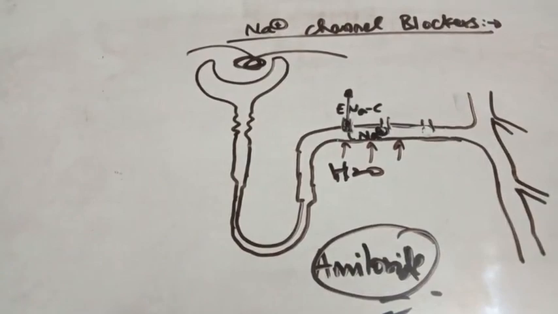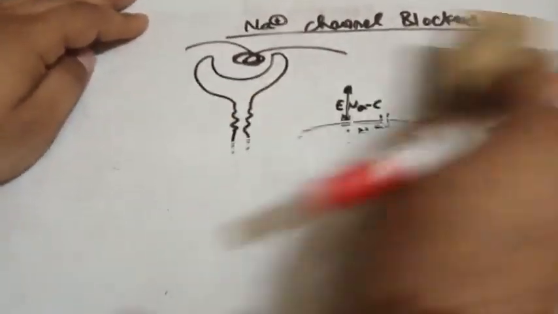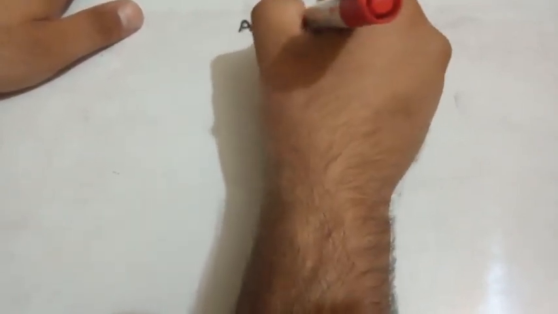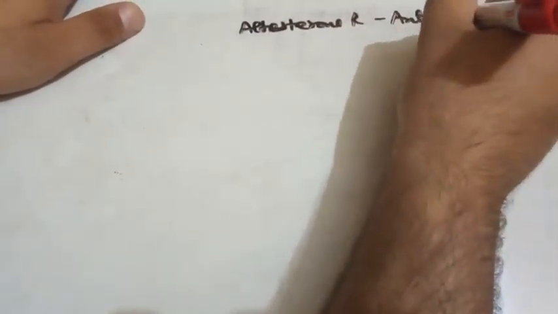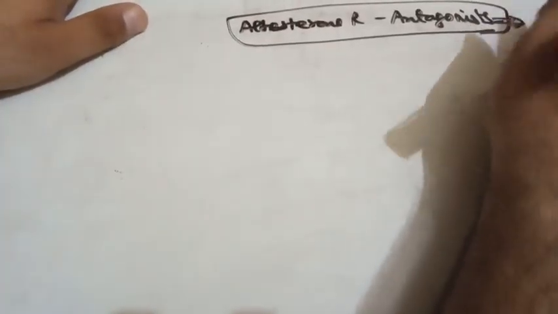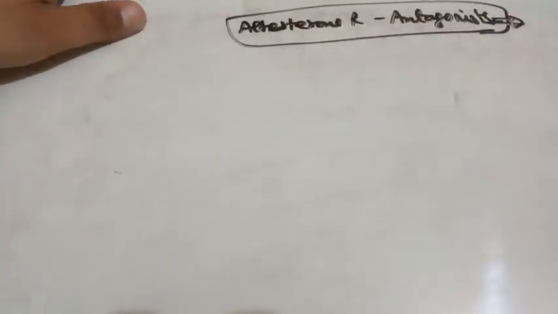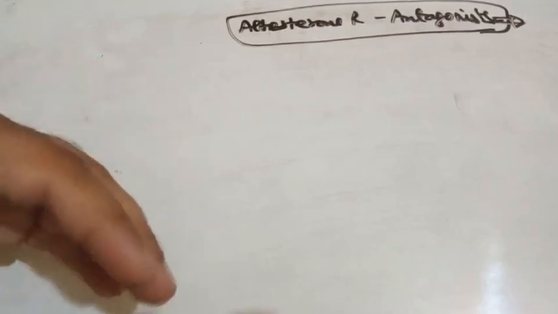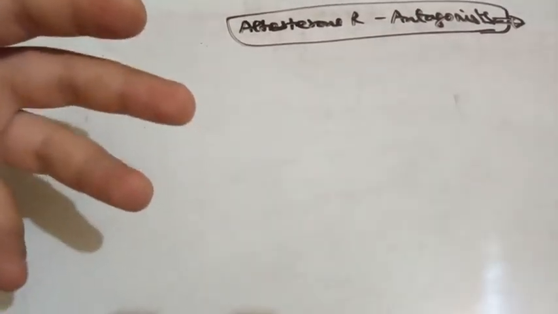Now we will study the mechanism of action of aldosterone receptor antagonist, the last topic in diuretics. As you know, aldosterone is a mineralocorticoid released by the adrenal cortex.